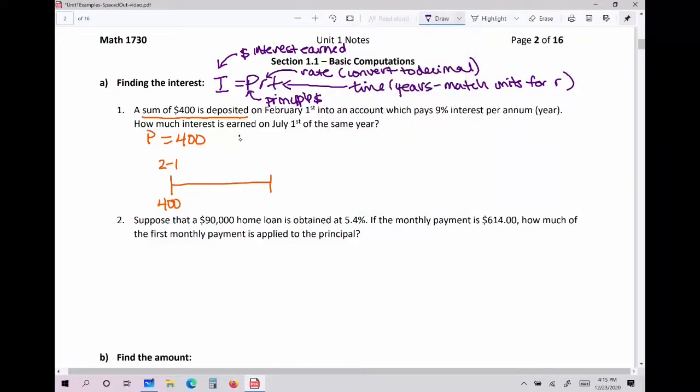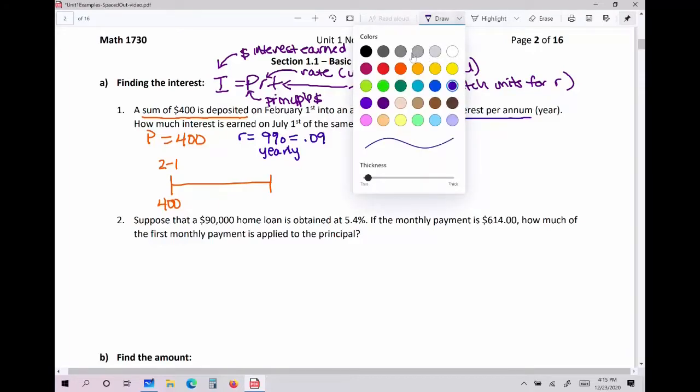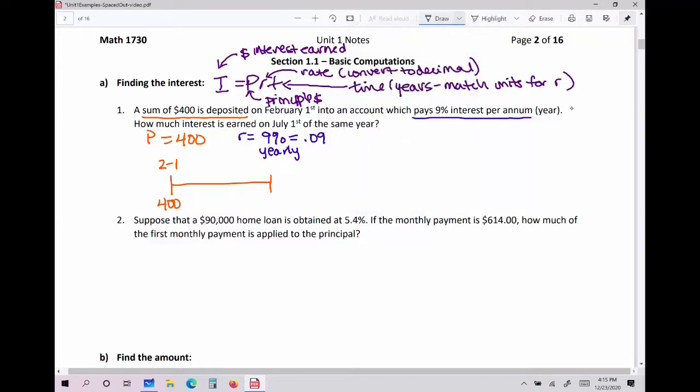That means our R is 9%, so when we convert that to a decimal, that'd be 0.09 per annum, which means per year, so that's yearly. And we want to know how much interest we have accumulated on July 1st of the same year.